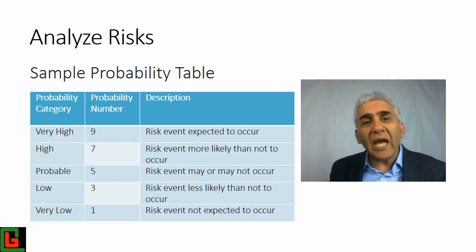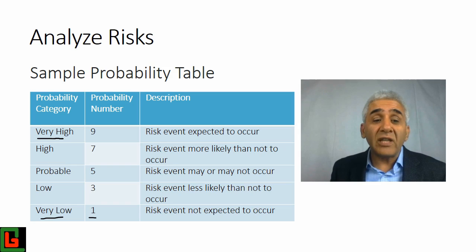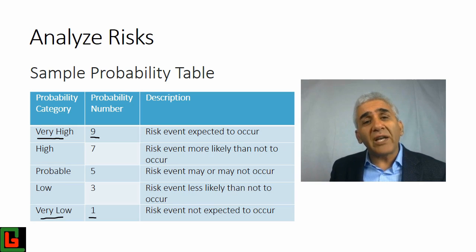So here we have a sample table to calculate probability. How do we calculate probability? As we said, if there is a very low chance, then the probability number is 1. And if there is a very high chance, then the assigned number is 9. If you remember, we earlier talked about different numbering systems used by organizations.